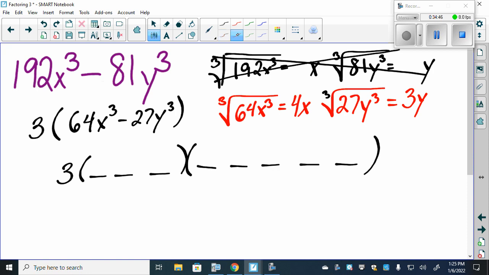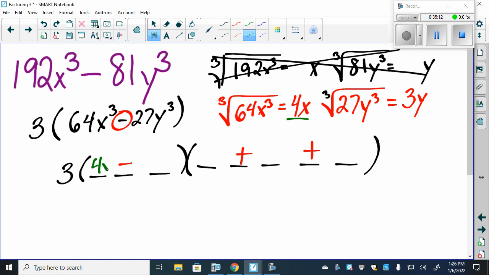Now the first thing we can find is the signs, because they're going to be the same, opposite, always end on a positive note. And since our starting sign was minus, it's going to be minus, plus, plus. Now we can plug in the first set of terms, which is our 4x.